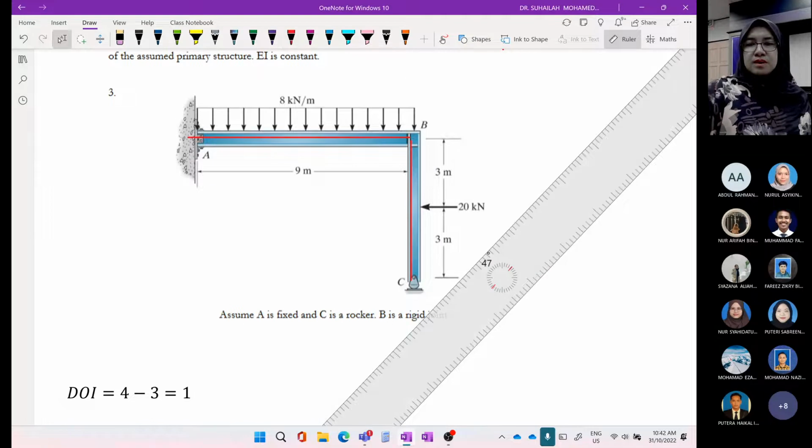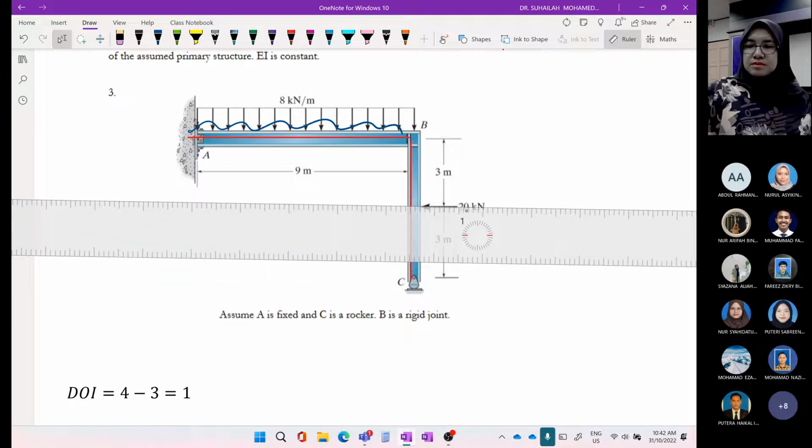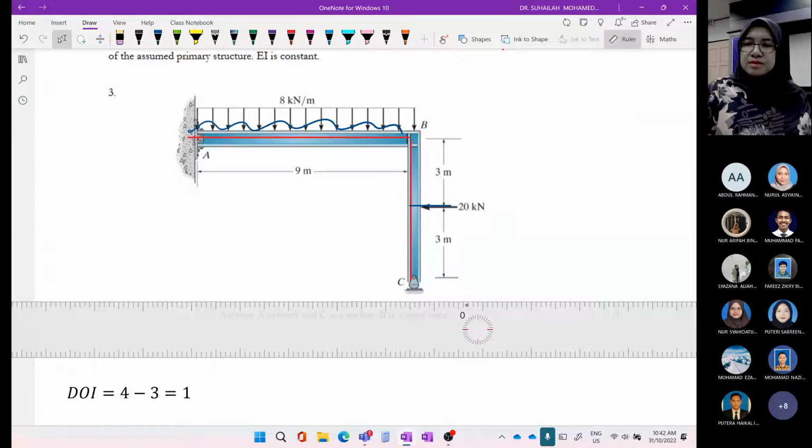Okay, here is the UDL. We have a point load.